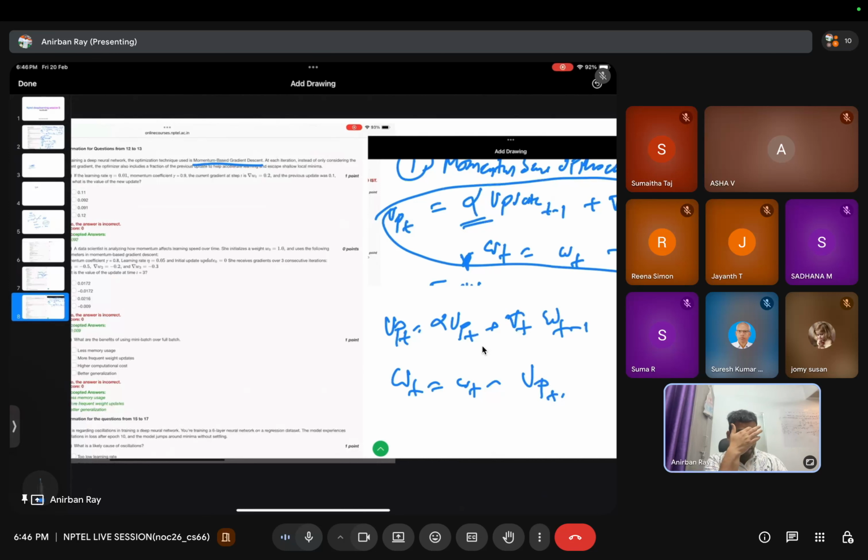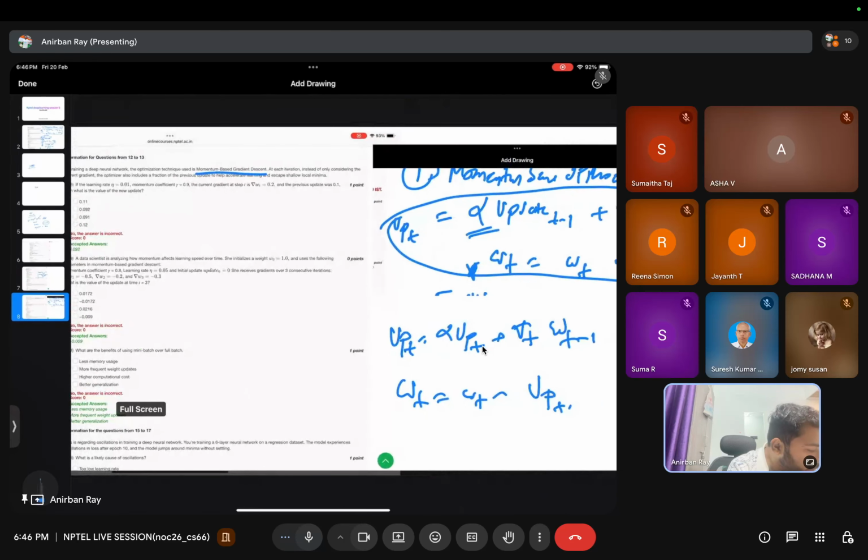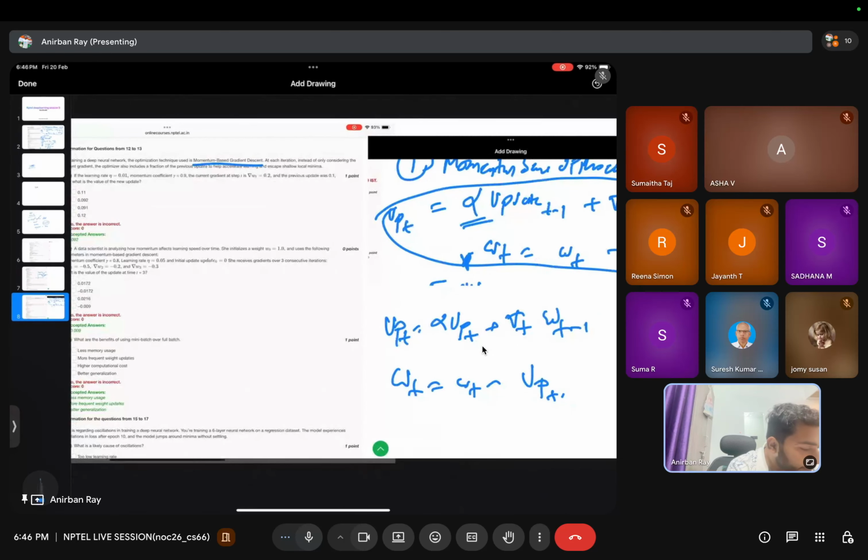Let's see the question. Now they say if the learning rate is eta, the momentum coefficient is 0.09, and this is 0.2.